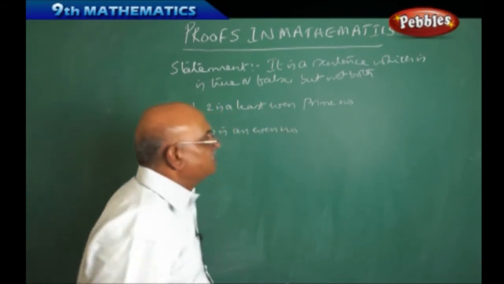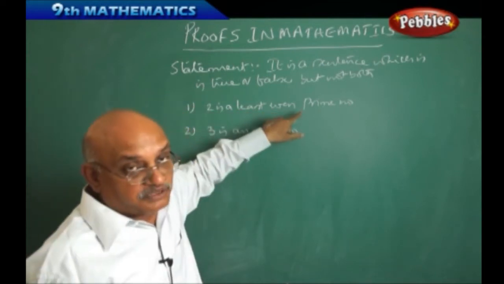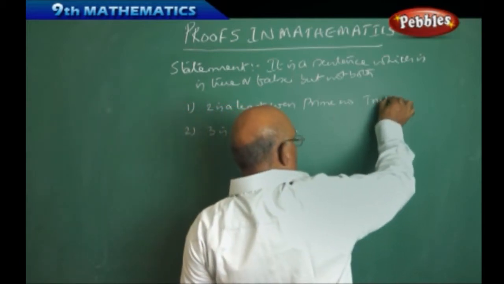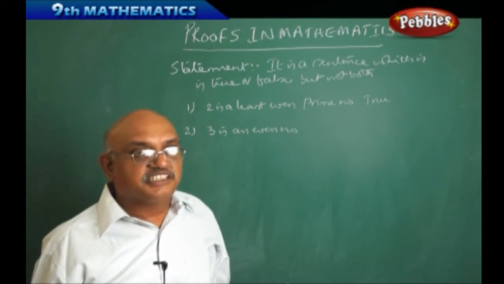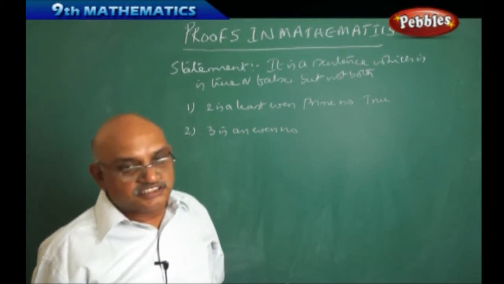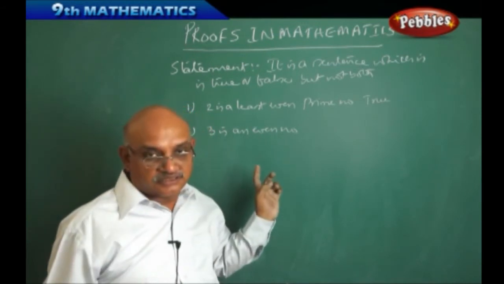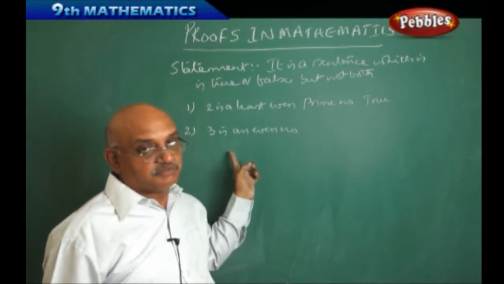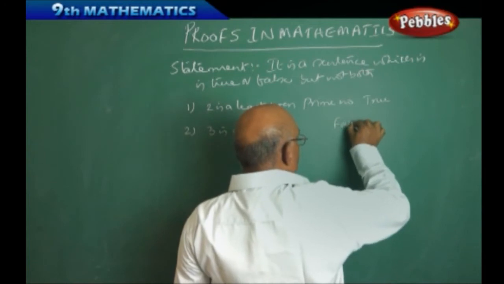Of these two sentences, 2 is the least even prime number is a true statement, because a prime number has only its own factor and 1. But 3 is an odd number, which is not divisible by 2. Therefore, it is a false statement.